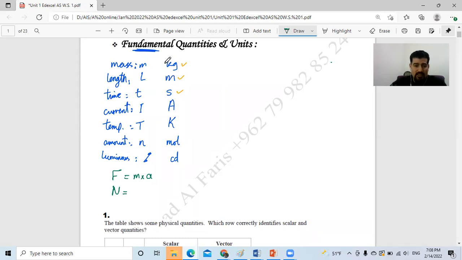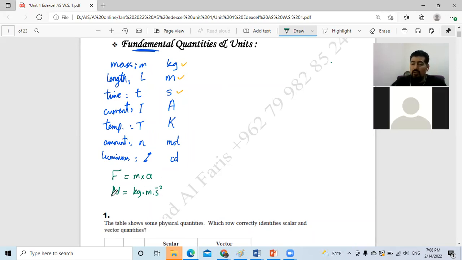The mass is in kilograms, and you know from the IGCSE that the acceleration is meters per second squared. So kilogram dot meter per second squared, or kg m s^-2, is equivalent to a Newton. That's one of the questions that they can ask.